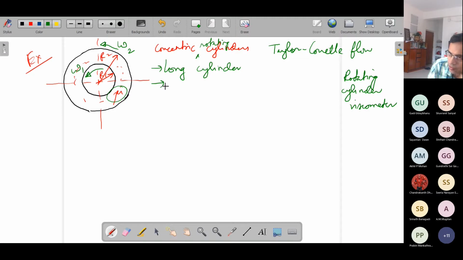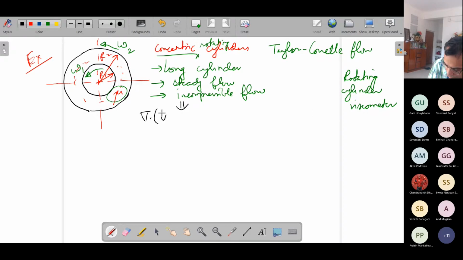Both are long, they are concentric, the flow is steady and density is constant, or you can simplify in a general way, incompressible. So we'll start with the considerations of incompressible flow. So this will lead to divergence of V equal to 0.